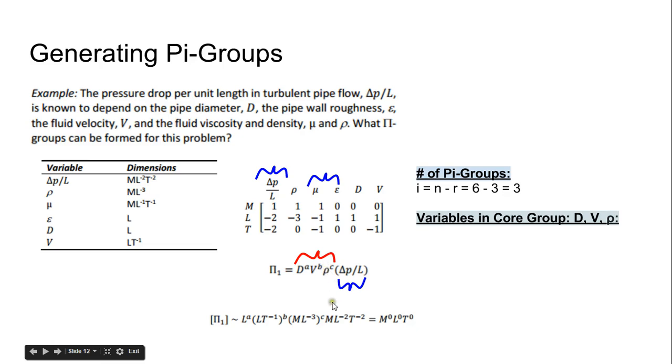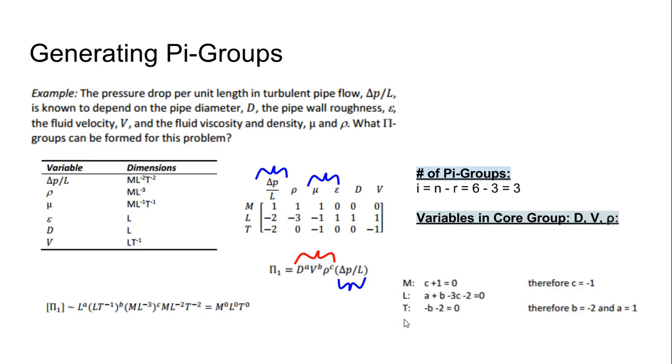Put in the values for each. And now we're trying to generate a valid pi group, so we set all of this equal to M to the 0, L to the 0, T to the 0, since pi groups are dimensionless. Now, once we have this set up, we can do our system of equations.